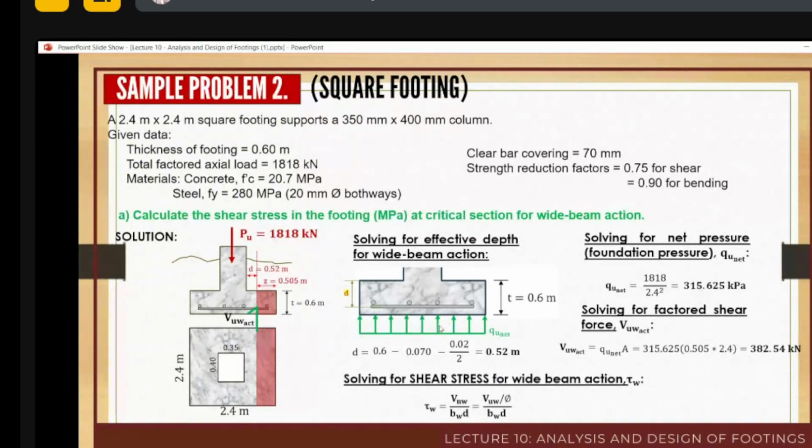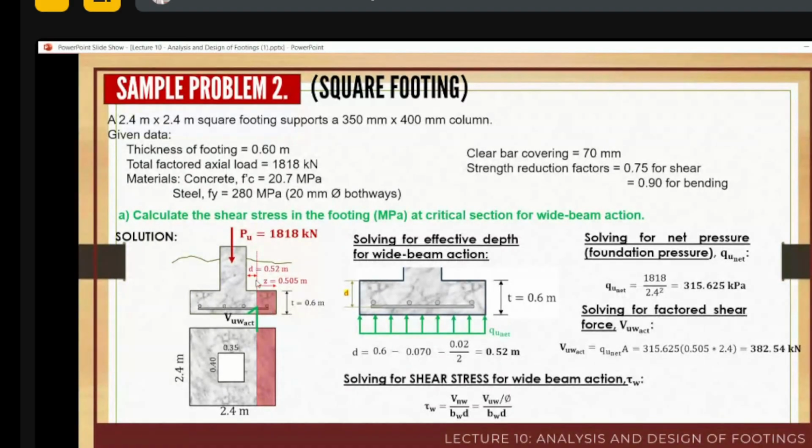For the shear, this critical section, what does that area mean? The critical area is 0.505 times 2.4. That gives us the factored shear force for wide beam shear action, 382.54. You know this bw times d for the area.